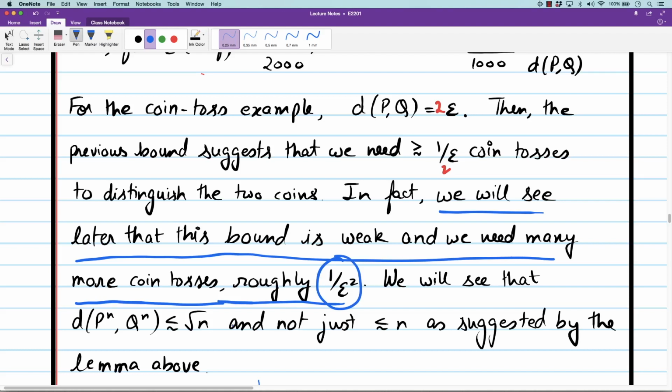If we are looking for a particular probability of error, we can directly connect the total variation distance to the information, and then ask how this information grows as we have more and more coin tosses. It looked like information grows at the rate of epsilon, so with n coin tosses the information is at most n epsilon. This resulted in a minimum number of coin tosses bound of 1 by epsilon. But actually this is not right. We can derive a much better bound, as we'll see later.